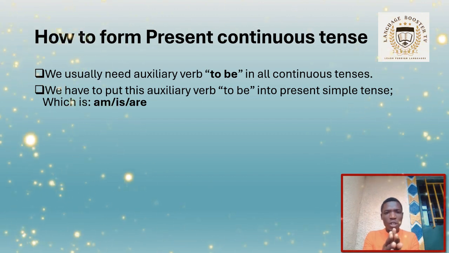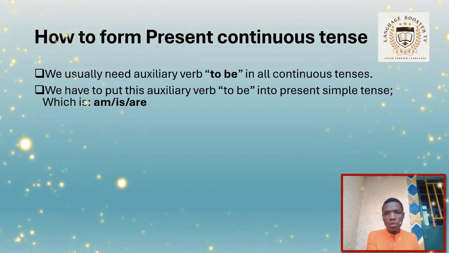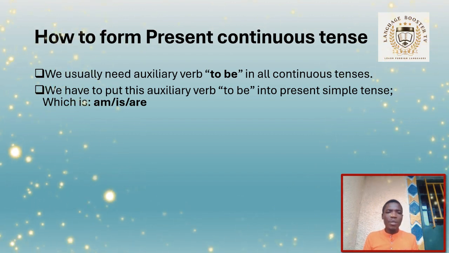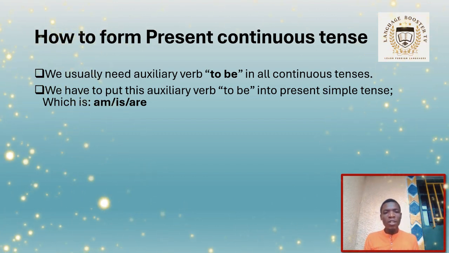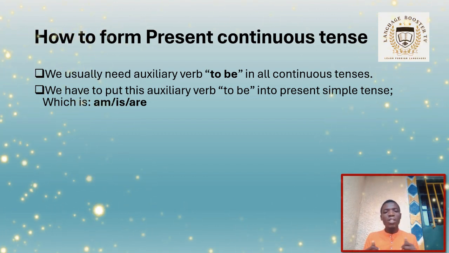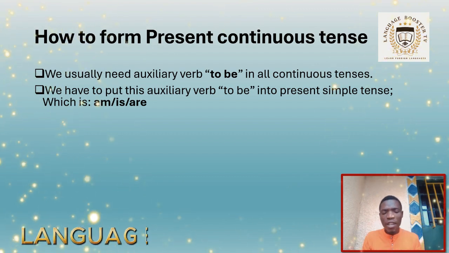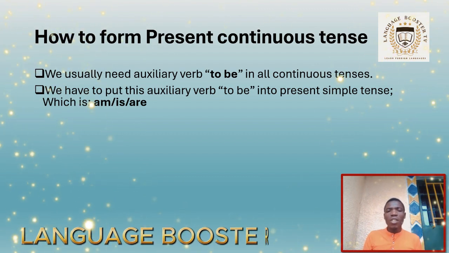Because we are in a present continuous tense, this verb to be should be in present simple tense. And the verb to be in the present simple tense is: I am, you are, he is, she is, it is, we are, you are, and they are.